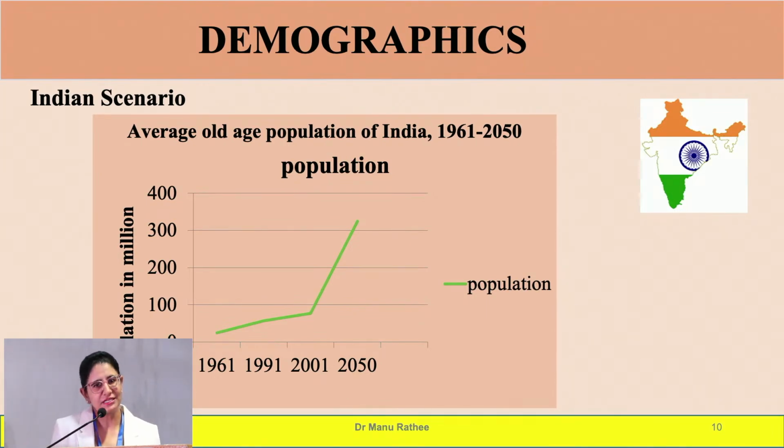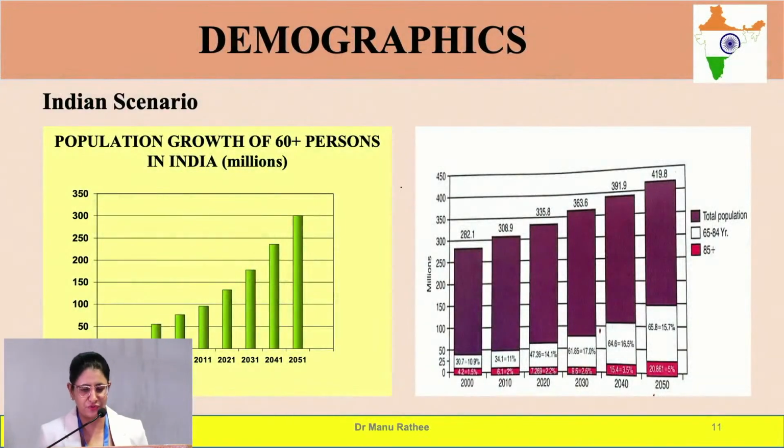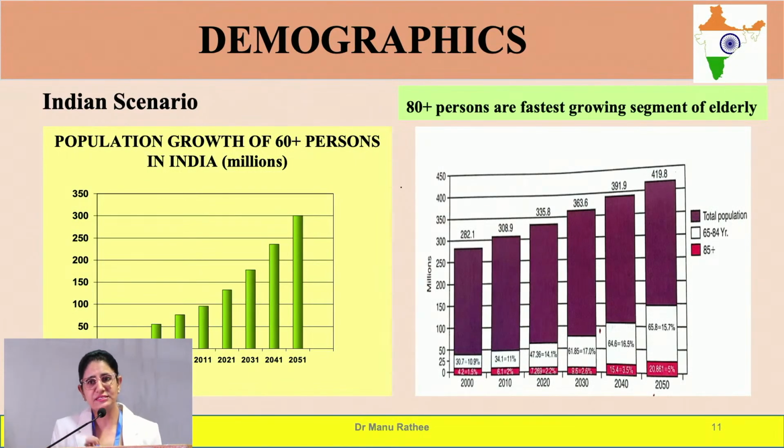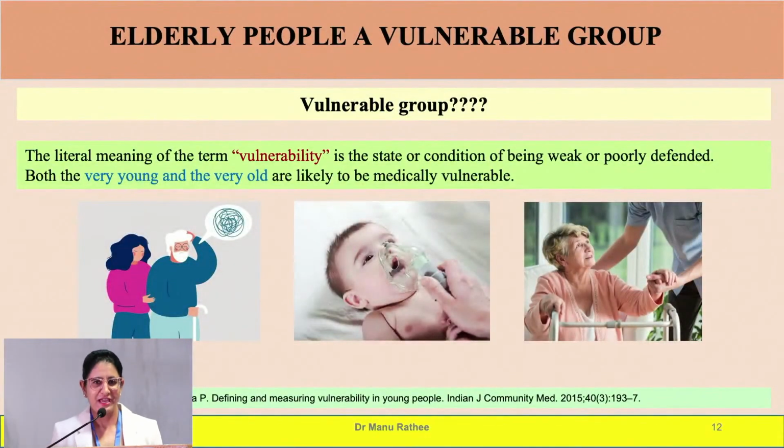So the geriatric population is definitely going to increase in the near future. And within this increase in the geriatric population, it is the old, that is the 80 plus years, whose proportion is growing the fastest.